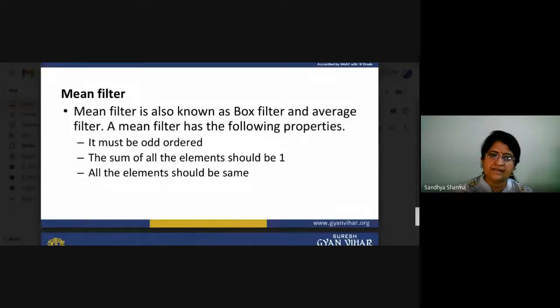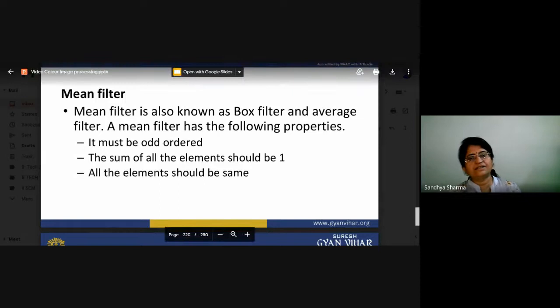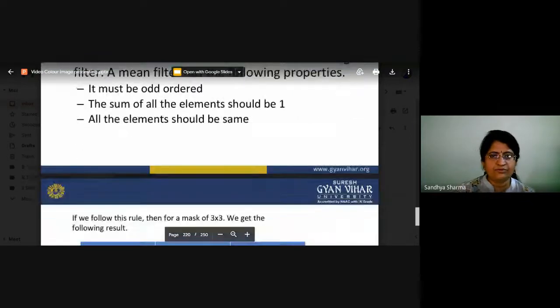So what about the mean filter? The mean filter is also known as the box filter and the average filter, and it has the following properties. It must be odd ordered. The sum of all the elements should be 1, and all the elements should be the same. Those are the basic conditions of our mean filter.